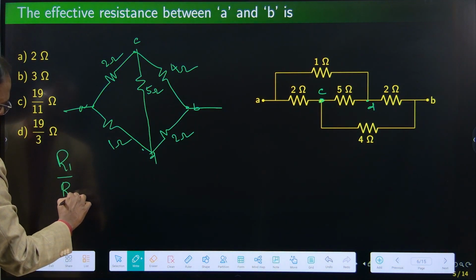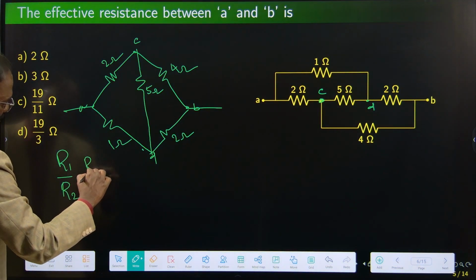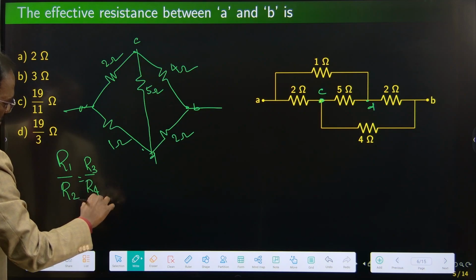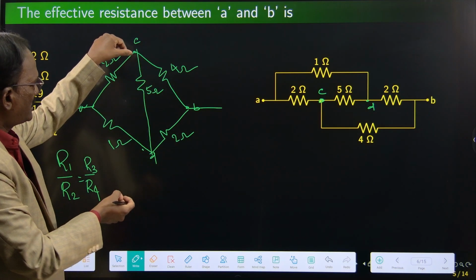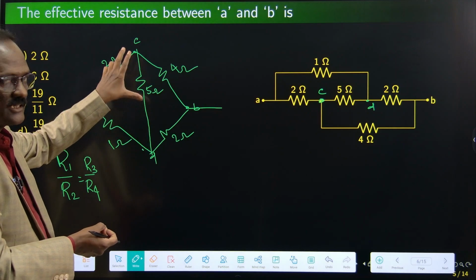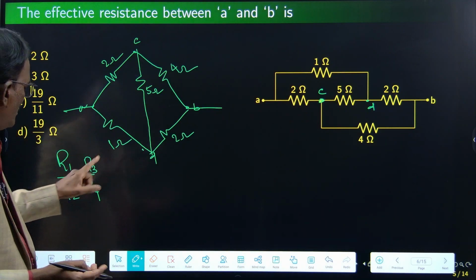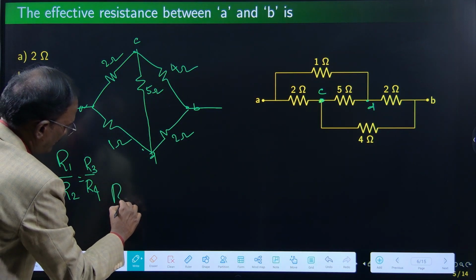If R1 by R2 is equal to R3 by R4 and the potential drop across the central branch is equal to 0, we say it is a balanced Wheatstone bridge.